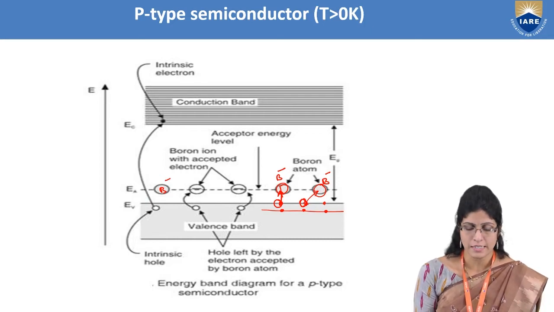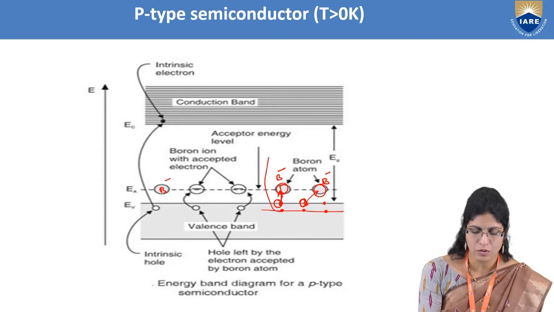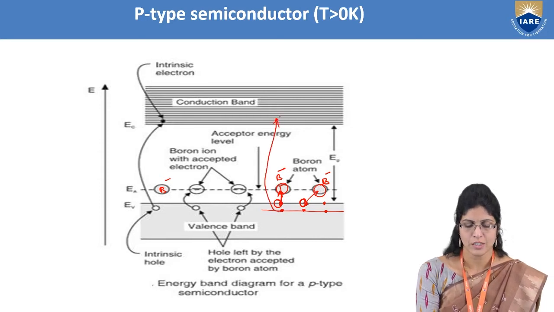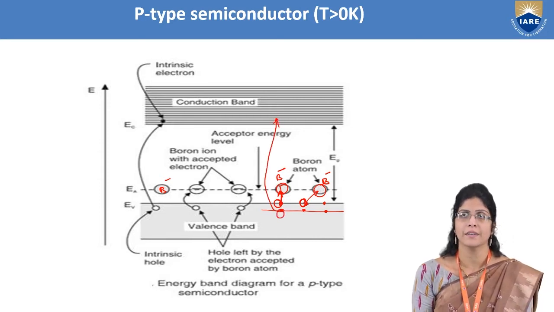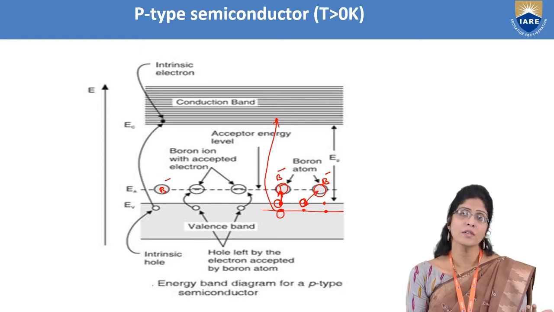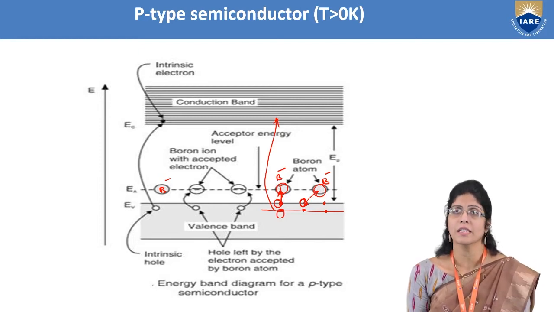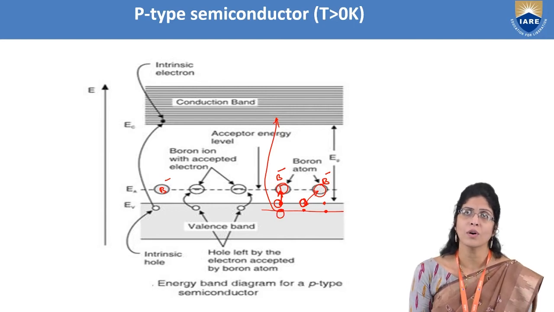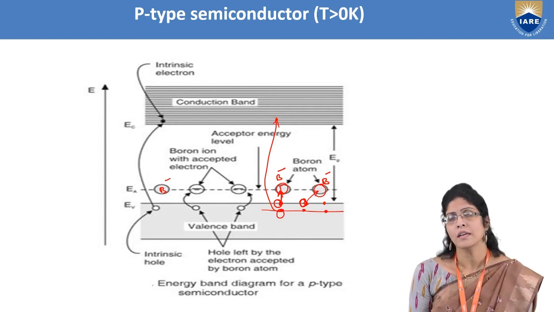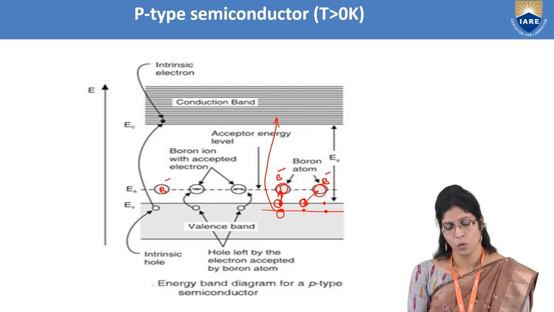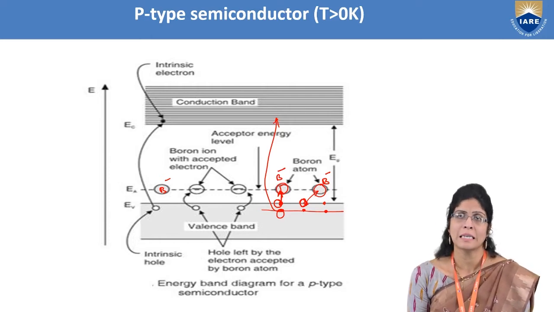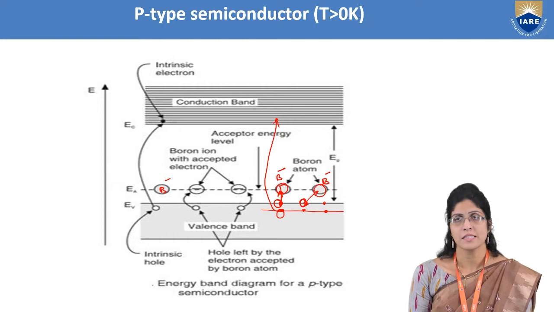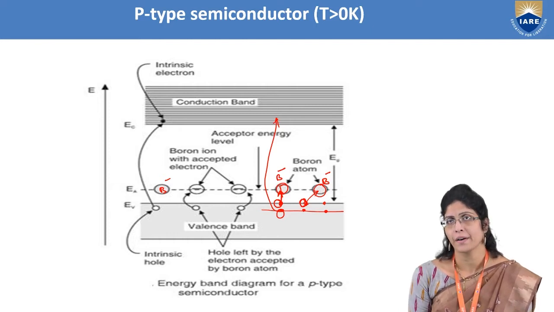As I am still increasing the temperature, now comes the turn for these electrons to go and sit in the conduction band, leaving holes again here. So even if the electrons in the valence band are rising and sitting in the conduction band, there is still a possibility that the holes always dominate in number in this semiconductor which is doped.